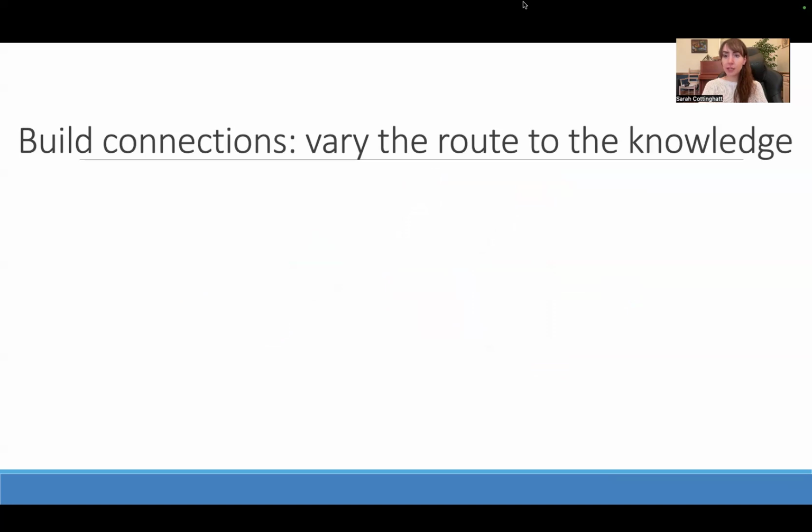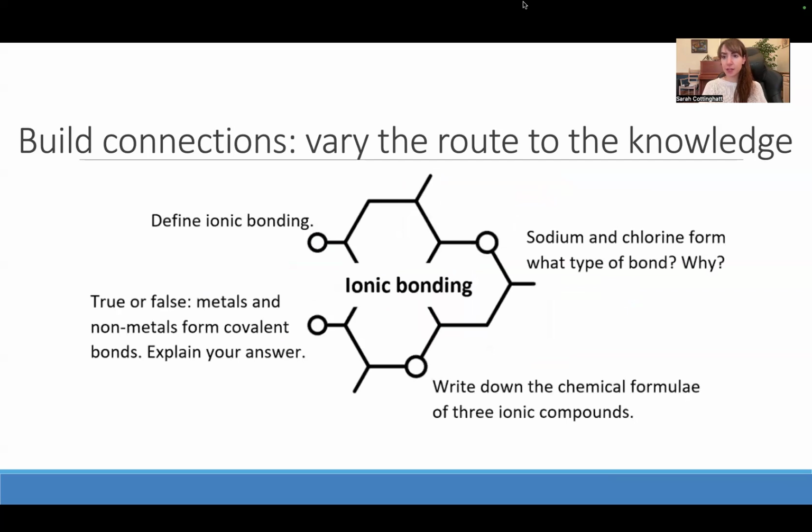So how can we build connections? Well, one way we can do it is we can think about variation. We can think about building multiple routes to the same knowledge. Take this example. So you can see here a chemistry example around ionic bonding.